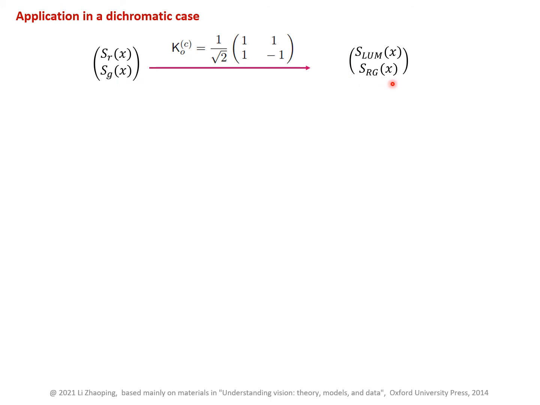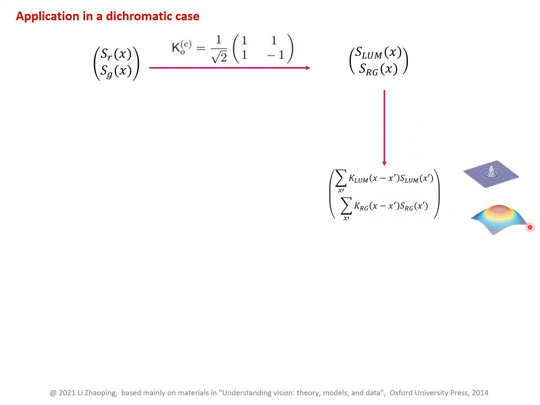These two images can now be efficiently spatially coded in parallel by this filter in the luminance channel and that filter in the chromatic channel. This filter is likely to have a center-surround receptive field type, a bandpass filter, because the luminance channel has a higher signal power, while this filter is likely to be a low-pass smoothing filter, because the chromatic channel is likely to have weaker signal power.